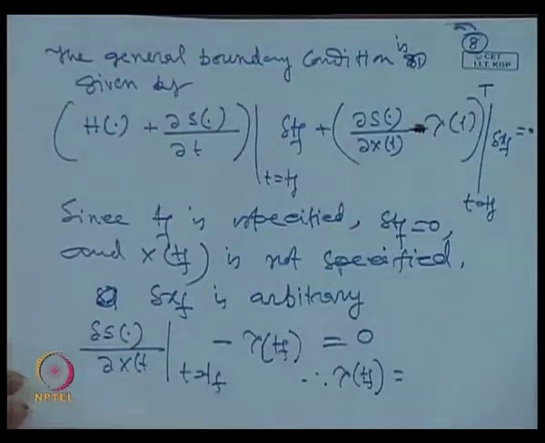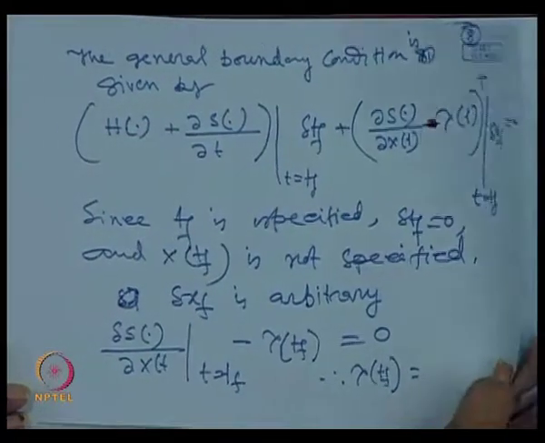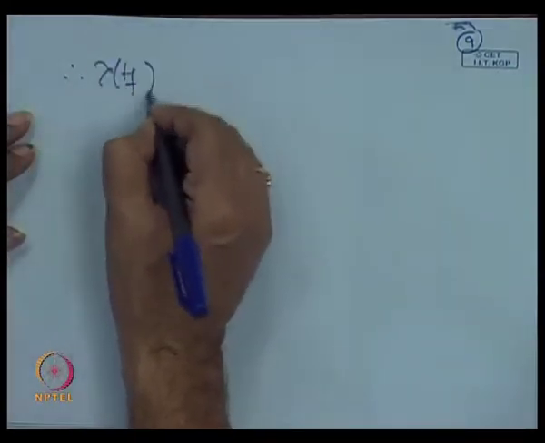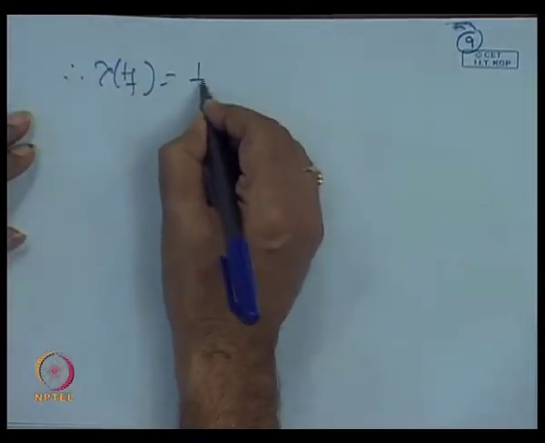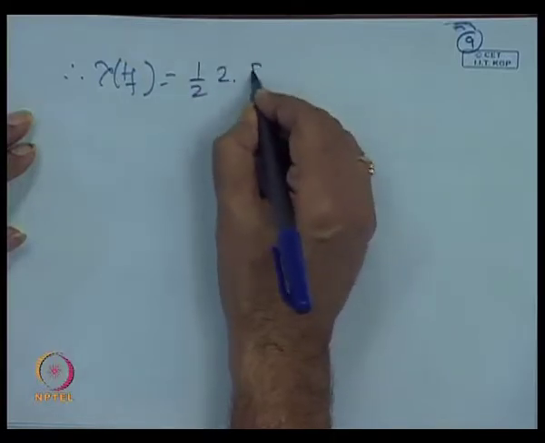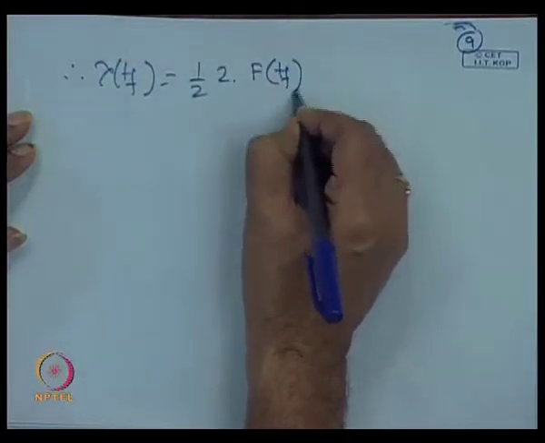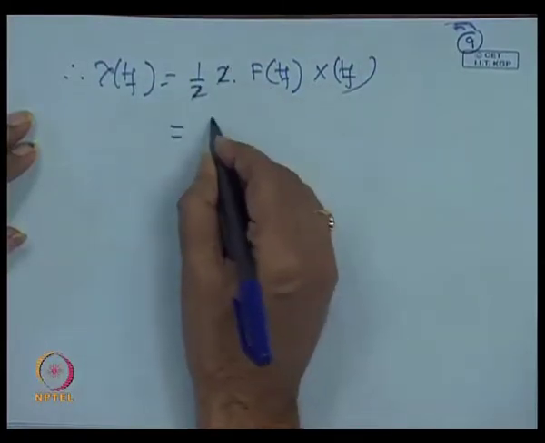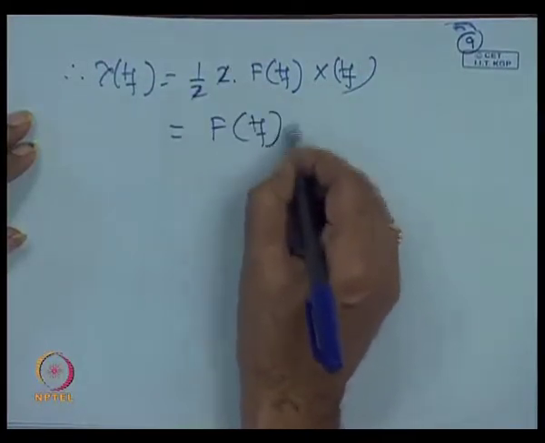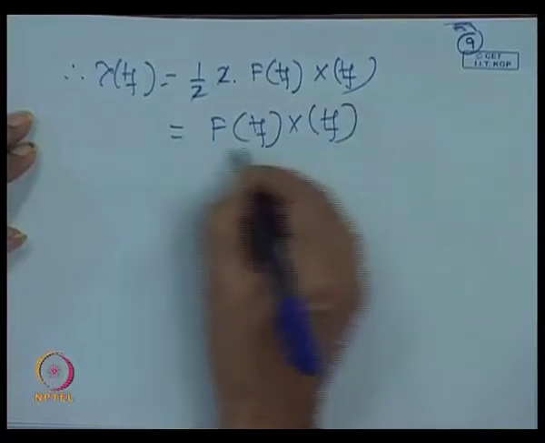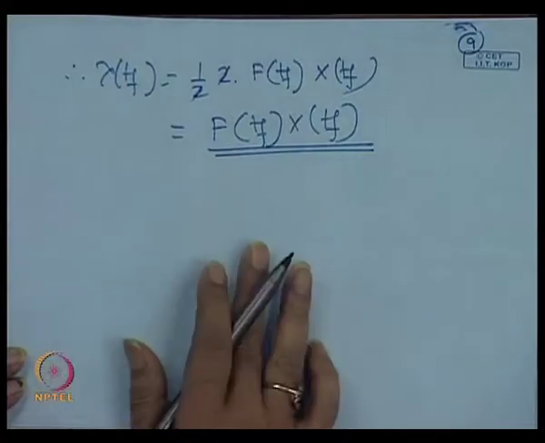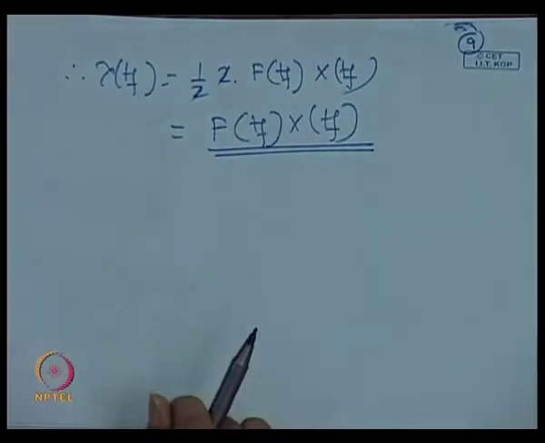Therefore, lambda of T f is equal to half twice F of T f into x of T f. So, this cancels: F of T f into x of T f.